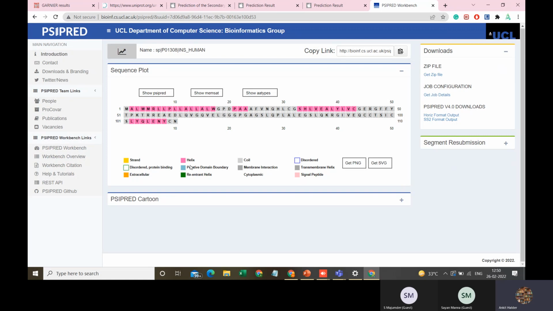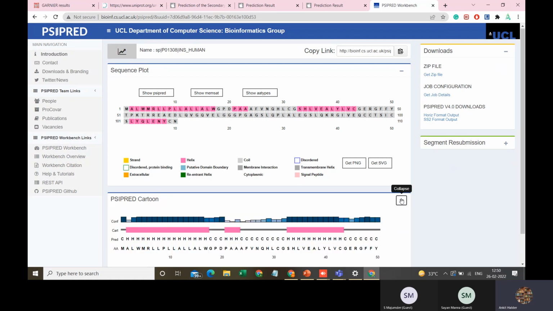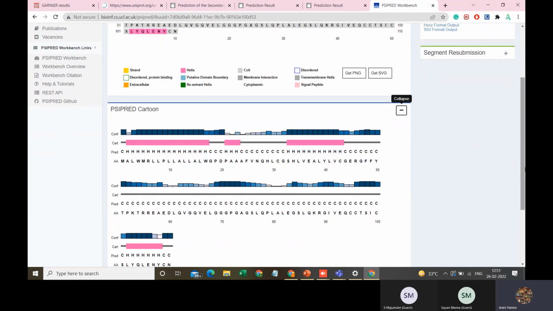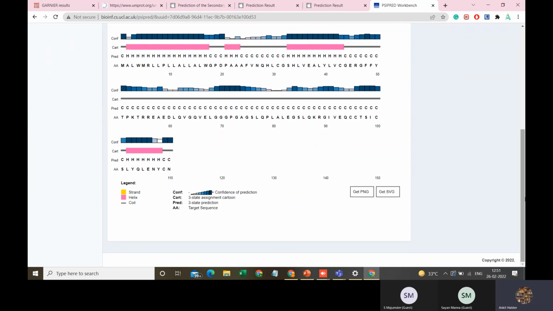Here we can see that different types of strand, helix and coil are given. According to that, it shows where it is in the helix range and where it is in the coiled range. You can also use the cartoon format, which shows which amino acid is in the helix range and which is in the coiled range, and the confidence of prediction.